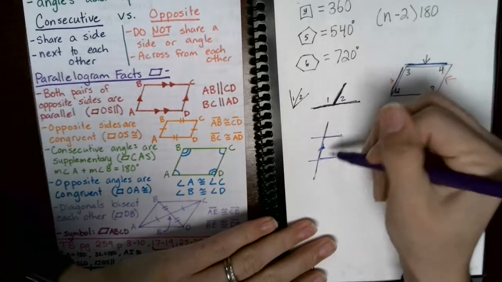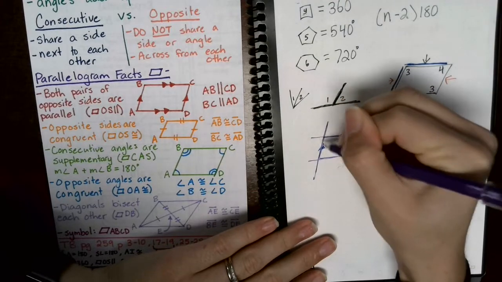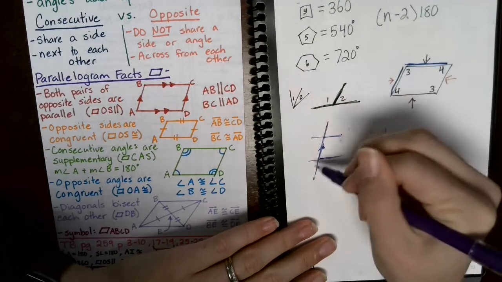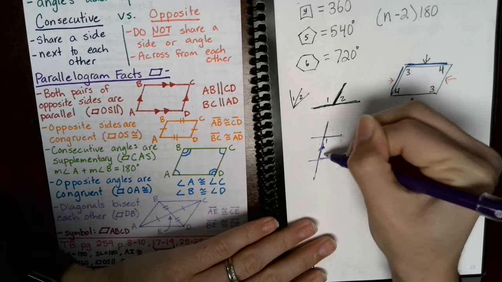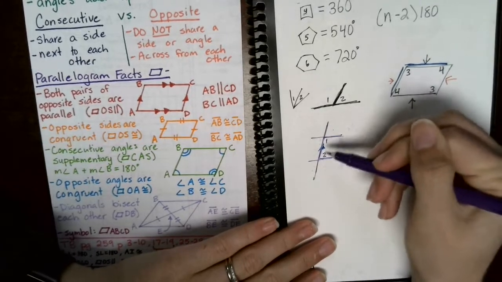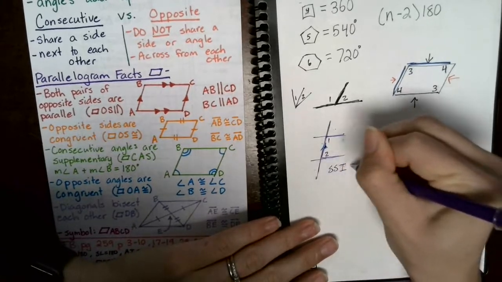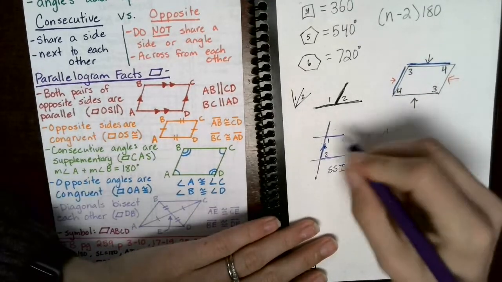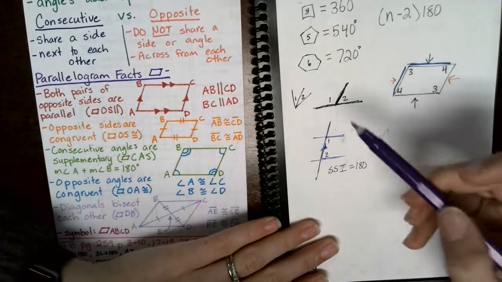So, parallel lines cut by a transversal, remember the things we know about parallel lines. Alternate interior angles, they're congruent. Alternate exterior angles, those are congruent. Same side interior angles, like 1 and 2 right here, those are supplementary. Same side interior angles equal 180. So remember that from chapter 3. Remember, all of geometry builds on itself, okay?